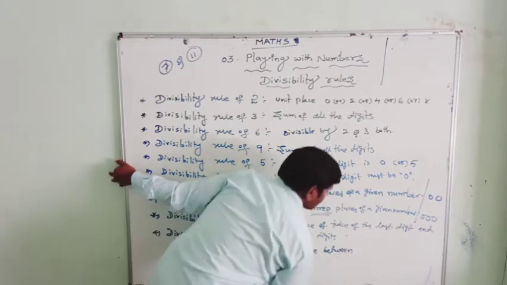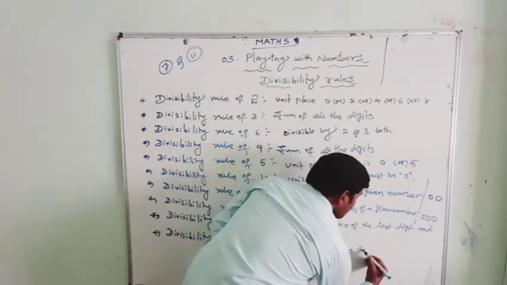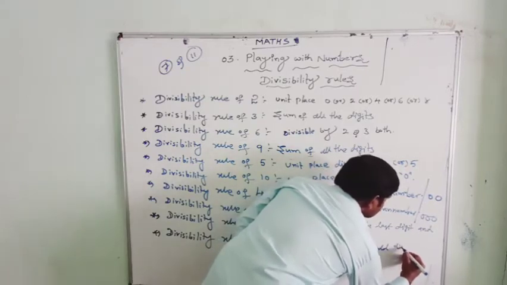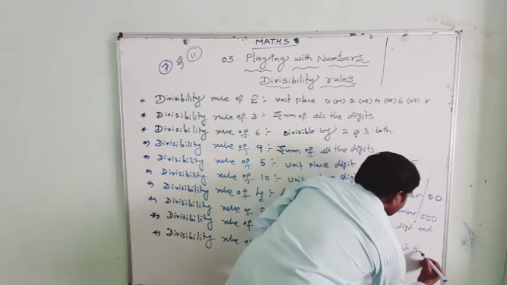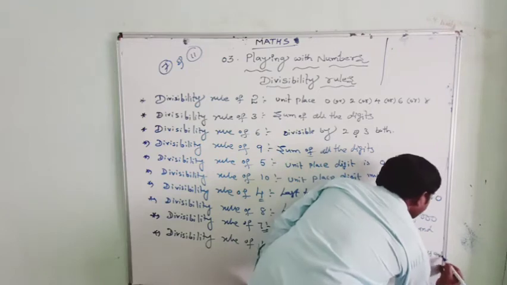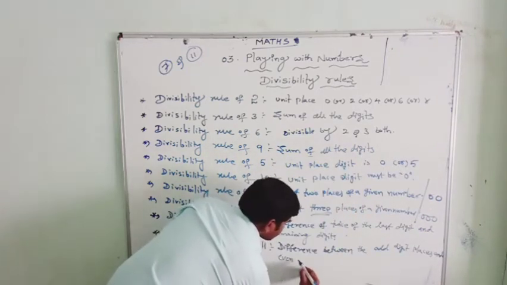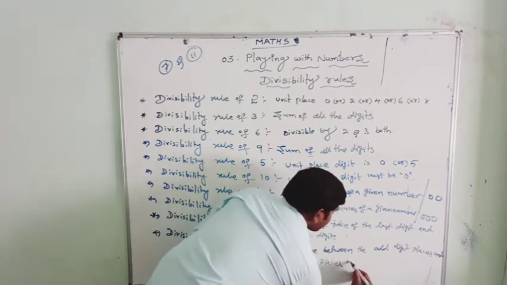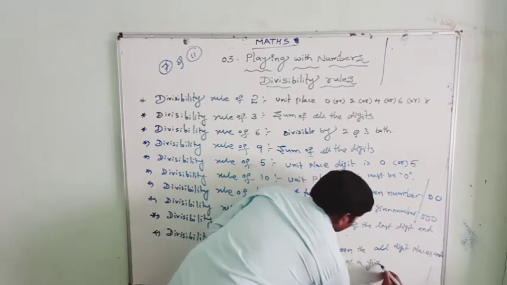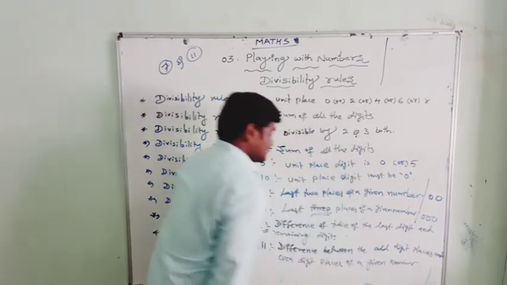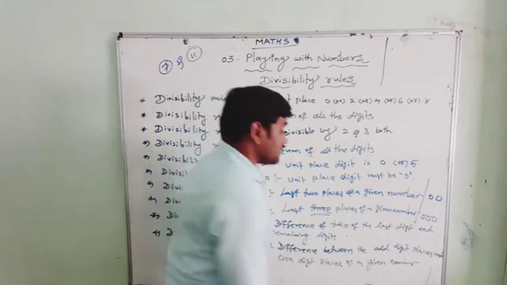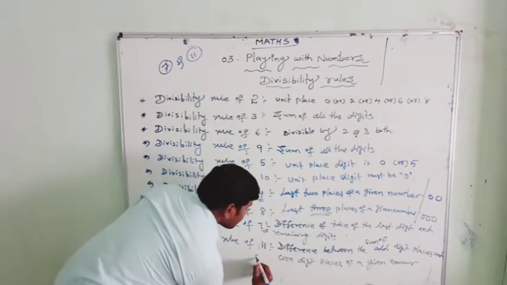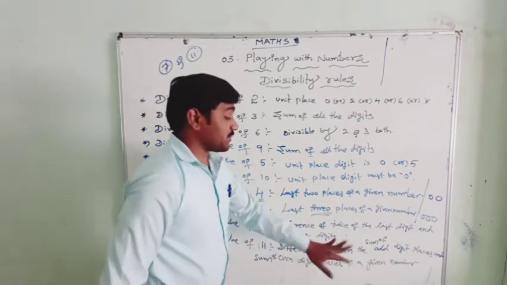So here the difference between the sum of odd digit places and the sum of even digit places of a given number.